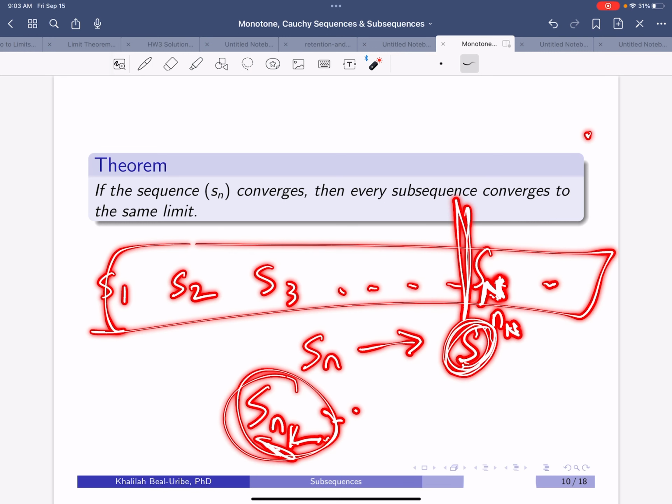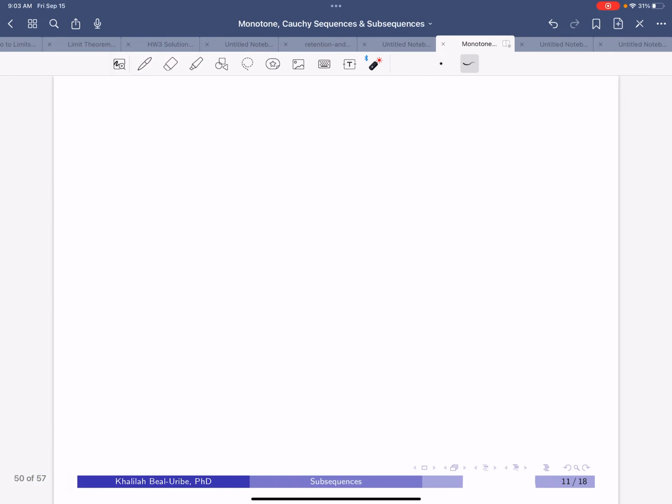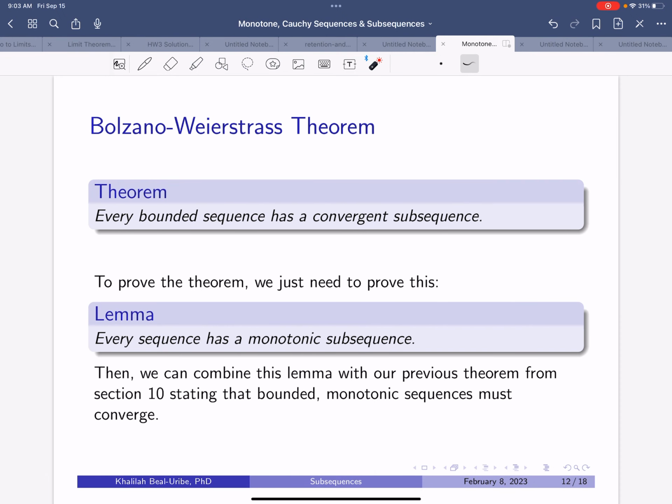I know I'm being a little sloppy in explaining this, but Ross has a formal proof. I'm just giving you an idea of why it would be true.